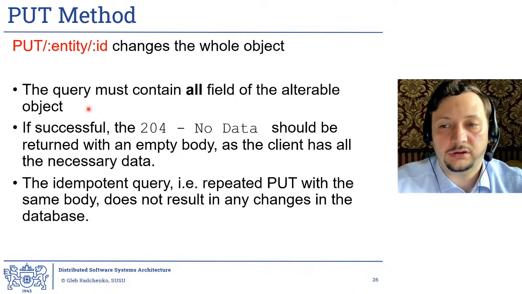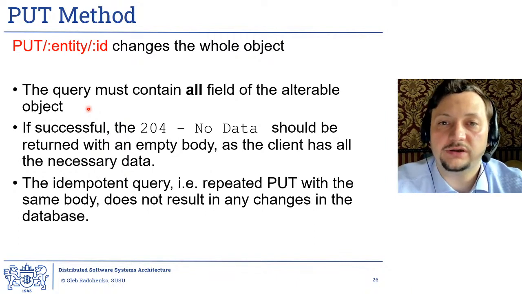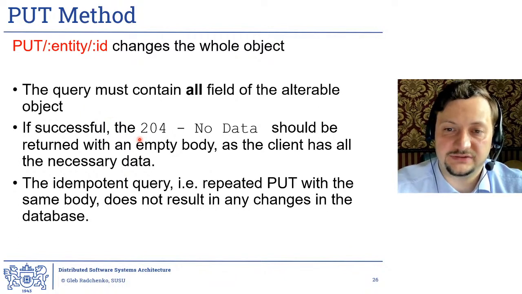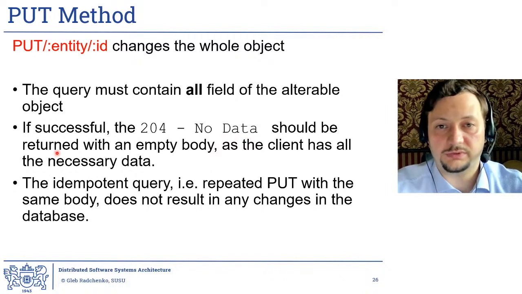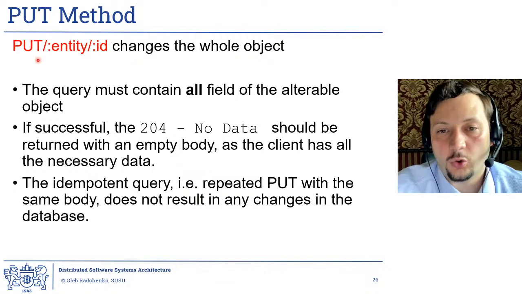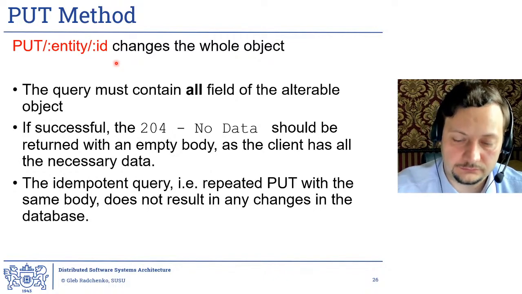If the implementation of this method is acceptable by the remote server, the server would pass a 204 no data response, because there would be an empty body, since the client has all the necessary data about what object it updated and what is the current state of the object.